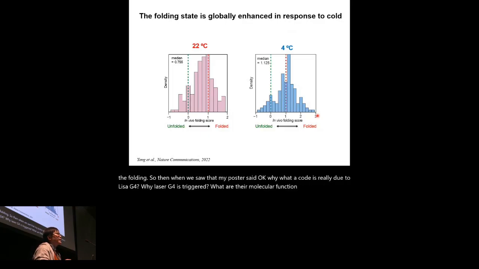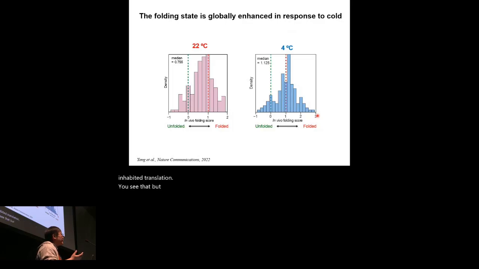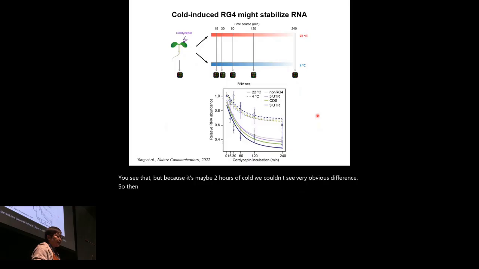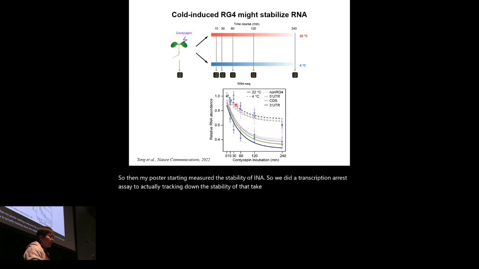So the first thing we did was translation regulation. We tried to see whether the typical G4 inhibits translation. Do we see that? But because it's maybe only 2 hours of cold, we couldn't see a very obvious difference. So then my postdoc started to measure the stability of RNA. We did a transcription arrest assay to track the stability of each message, so we can detect those cold-induced G-quadruplexes happening in the 3' UTR of these genes.